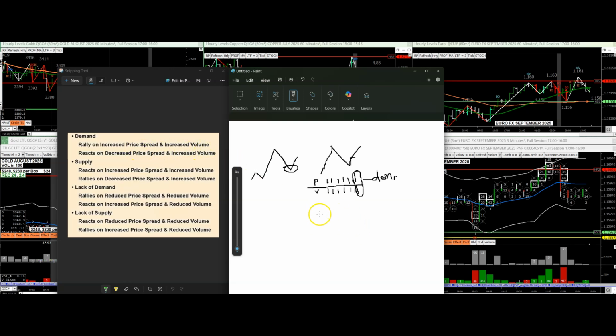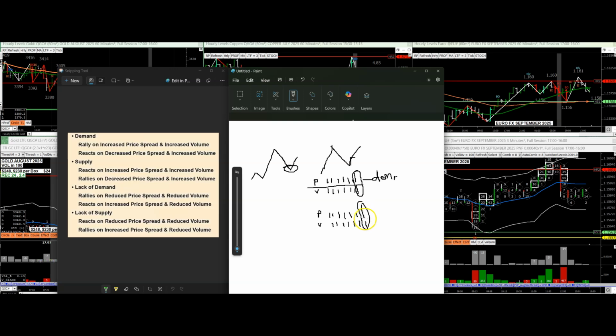But note that many times you will also have this other case where you have an increased price spread and fairly normal volume. So how do you interpret this situation? It means that there's lack of supply overhead. That's why a little bit of volume did a lot of damage.